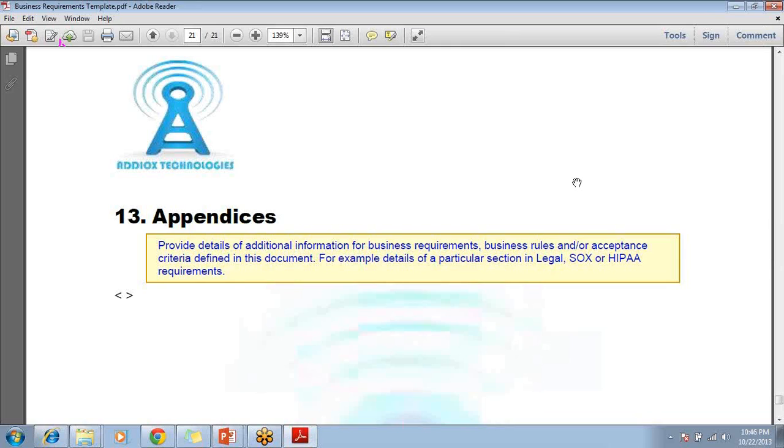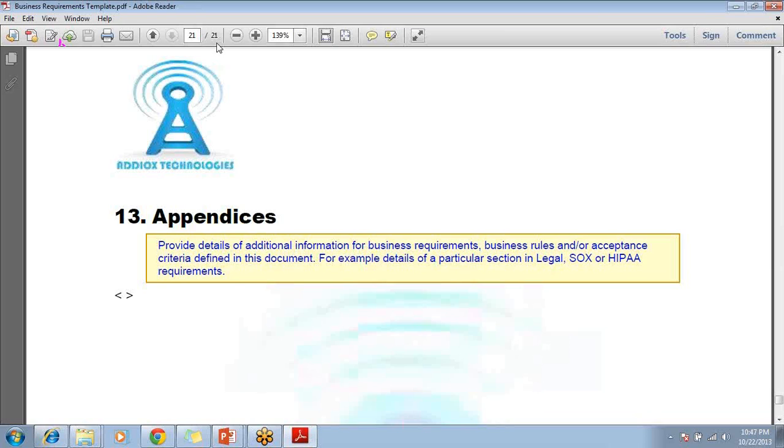It's a pretty long document. Sometimes you have documents of almost 200, 300 pages, because as you see, this is an empty document of 21 pages. Always remember, just make a note of the points.